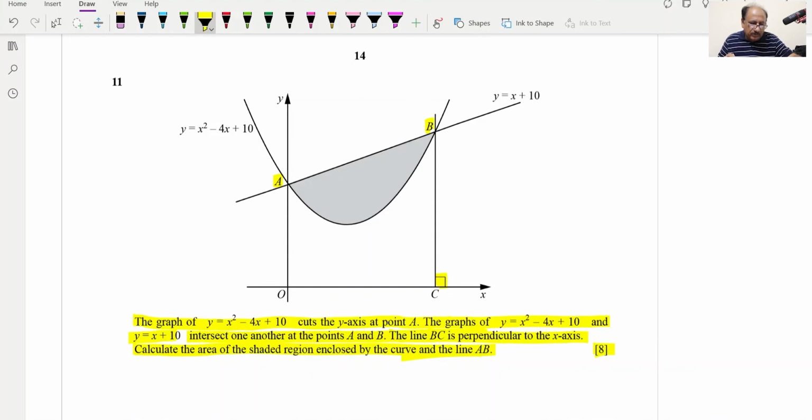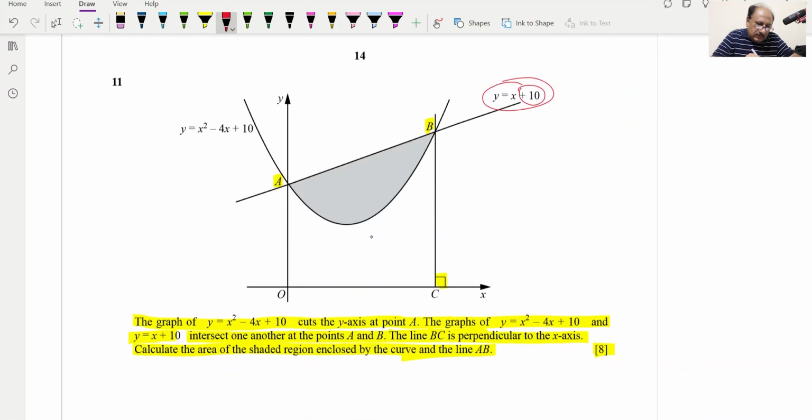So what we can do, first of all, we can find the y-intercept. So y is equal to x plus 10. This is the equation, so we will utilize this equation. This plus 10 is the y-intercept.